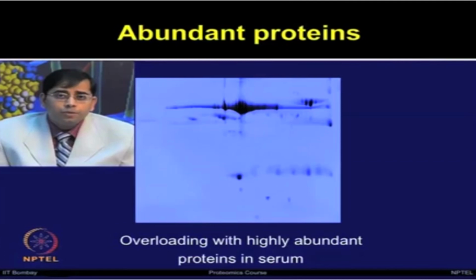These abundant proteins mask many smaller proteins and create problems in two dimensional electrophoresis, because of the IEF process, as well as when you stain the gel, you can see different types of streaking, and the whole region is masked because of the abundance of that protein.